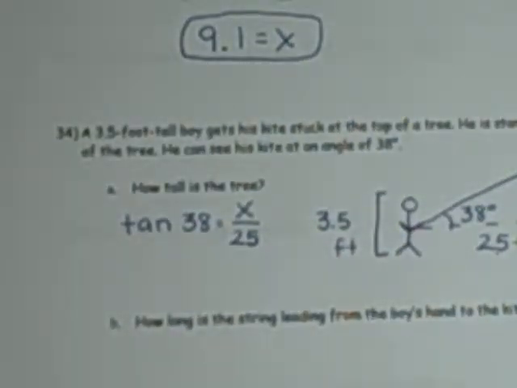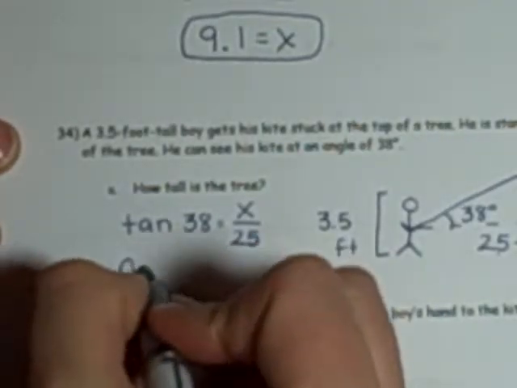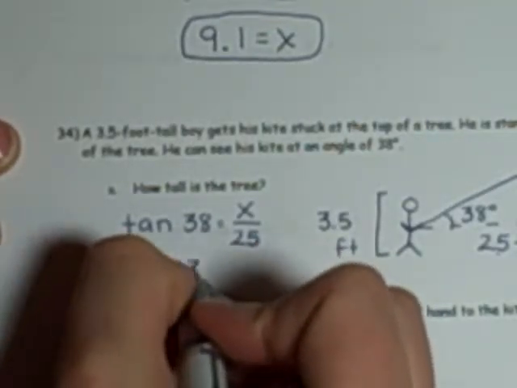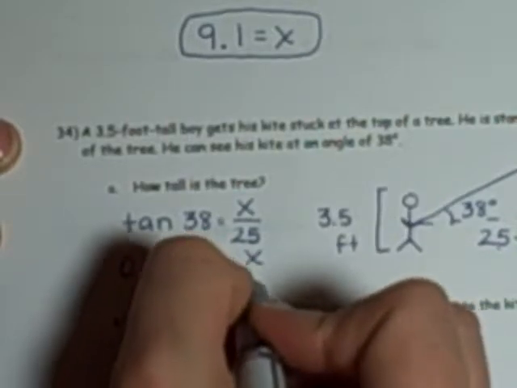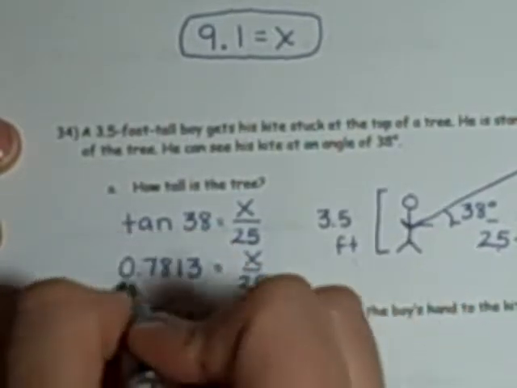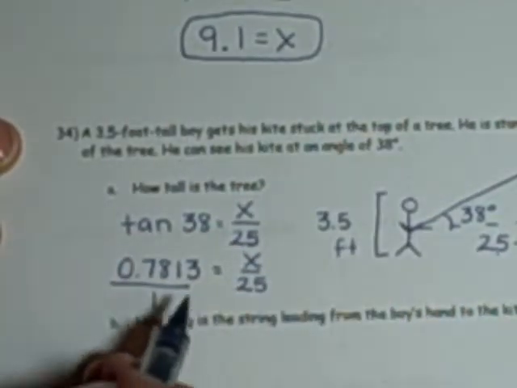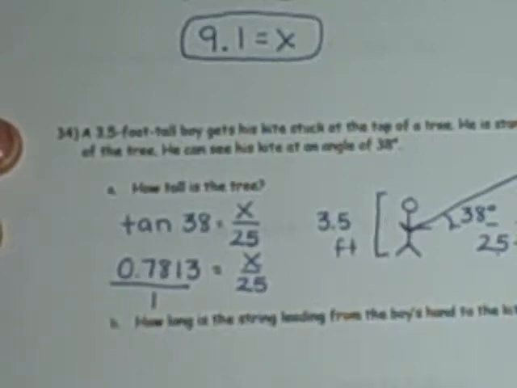And then from my calculator, tangent of 38 is 0.7813. And that equals x over 25. Let's put that over 1 and cross multiply. So 0.7813 times 25 leaves me with 19.5.